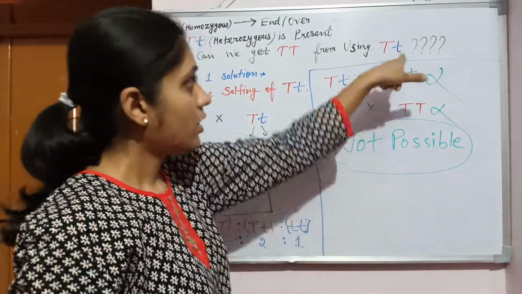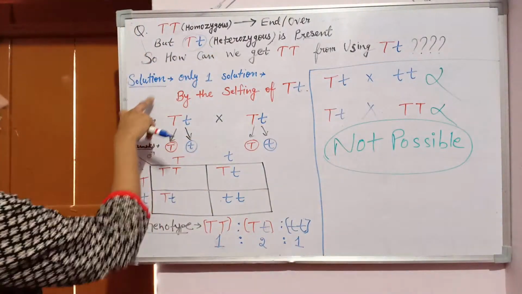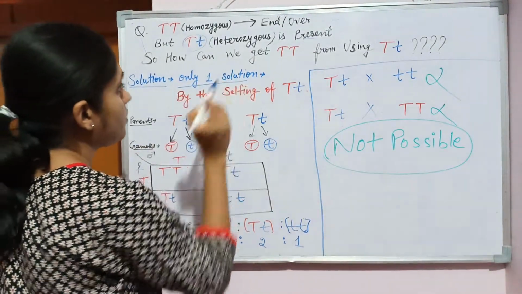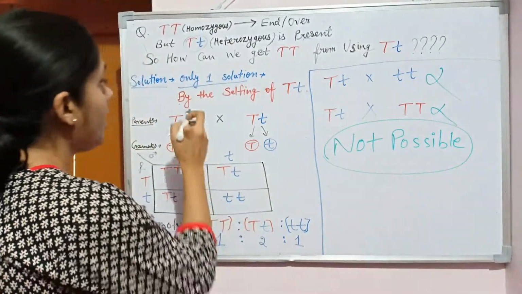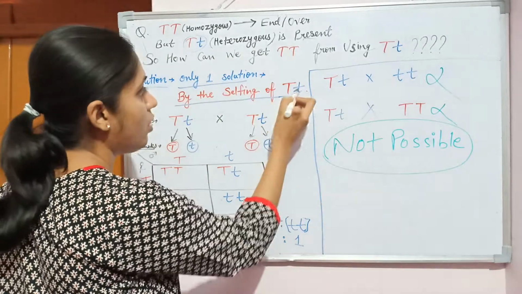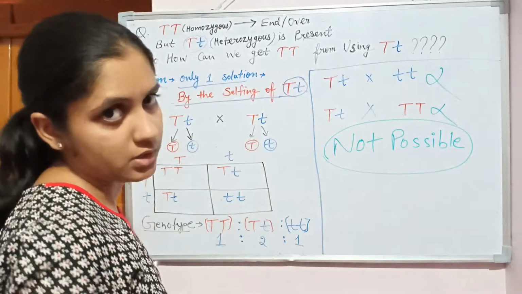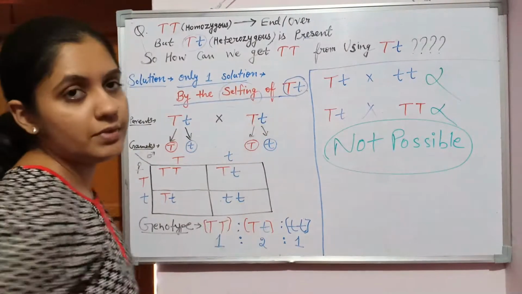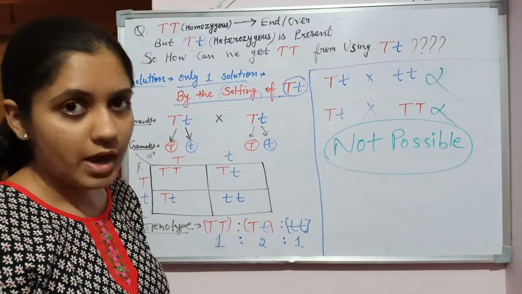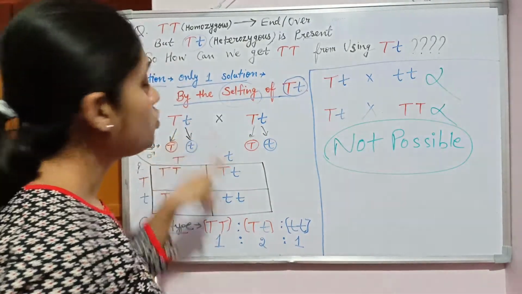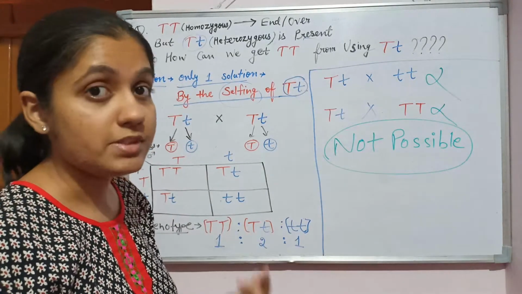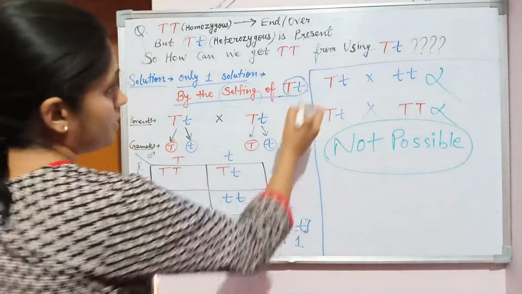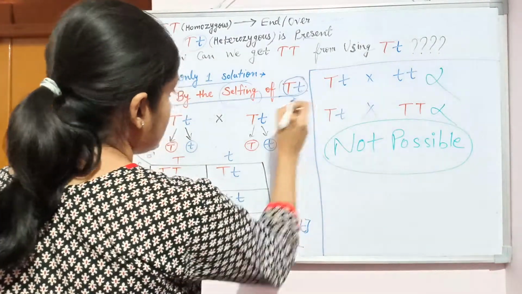This has only one solution, the selfing of this heterozygous tall plant. Okay, so do you know what selfing is? Selfing means when two parents with similar genotype are made to reproduce. Okay, so this is the selfing.